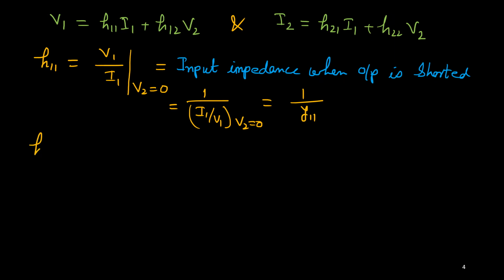Next one, H12. We can find H12 if I can make this part 0, and this part will be 0 if I1 is 0. So that is the condition. Then V1 upon V2 will be your H12. So this is simply V1 upon V2 under condition I1 equals 0, and current 0 means open circuit.